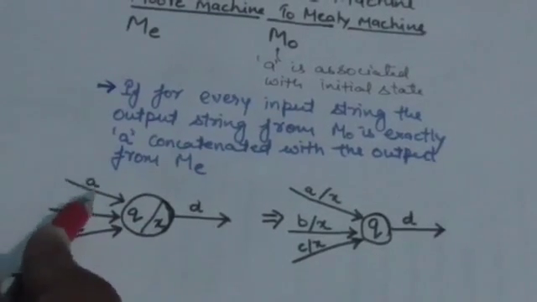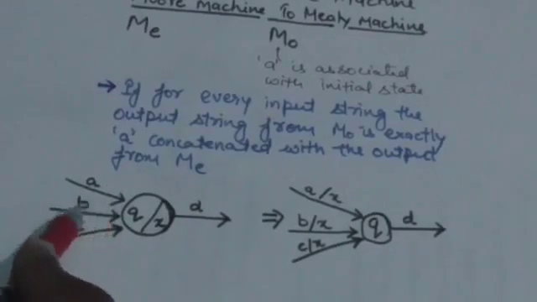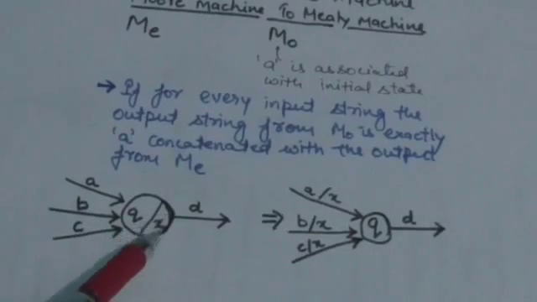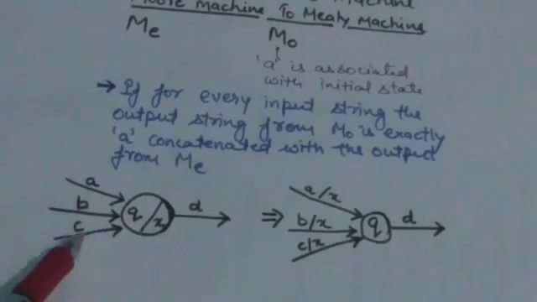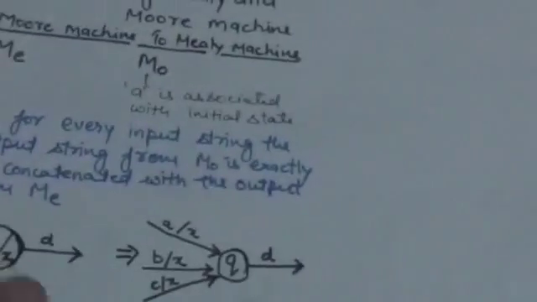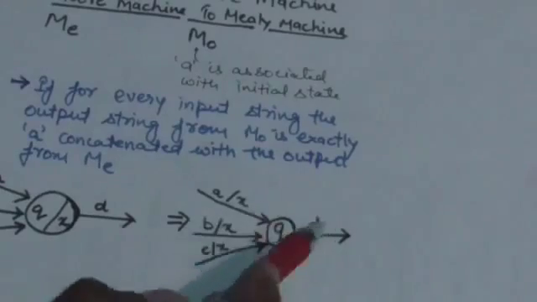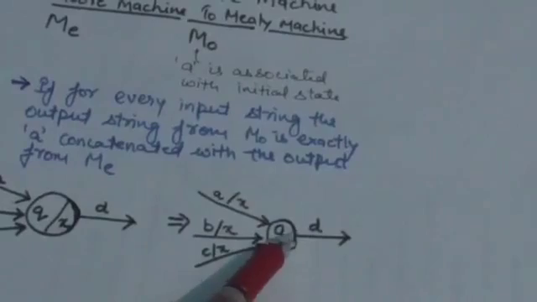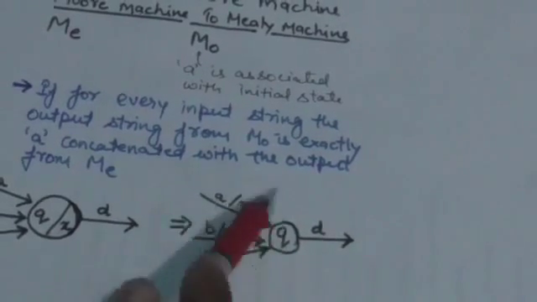Now here in this Moore machine, incoming edges are only labeled by input symbol. I will remove this output from here and label all incoming edges with this output. So this state will be changed into this state. Now here I have removed the output X from here and labeled it with transitions to this state.